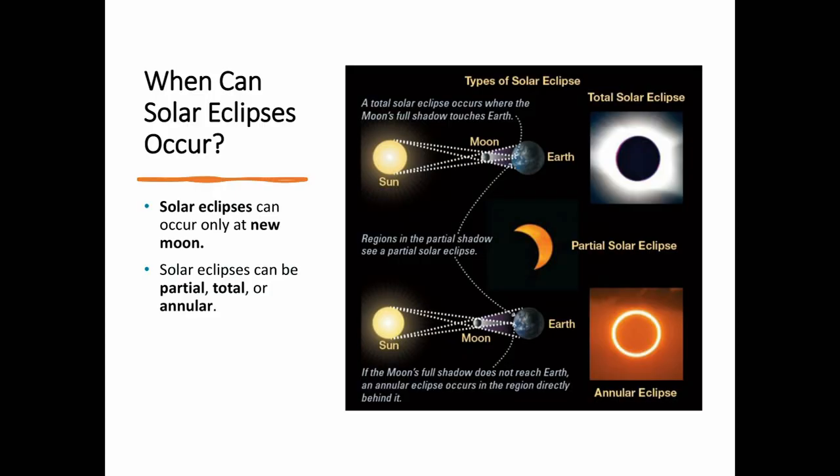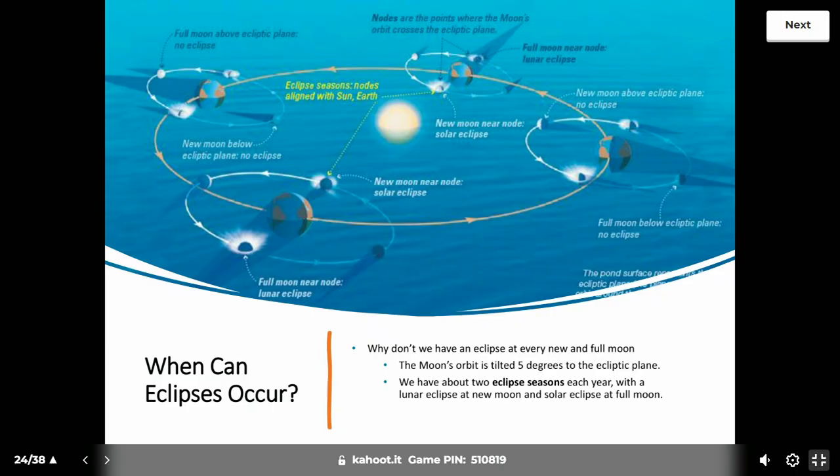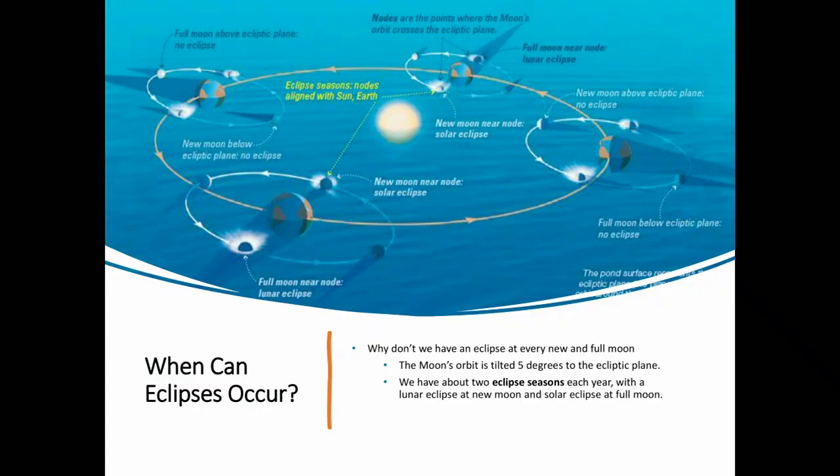So just like with the difference between the lunar cycle and the time it takes to orbit the Earth, there was some motion that we didn't know about or weren't considering. So there's a motion that we are not considering here, and it has to do with the plane that the moon orbits the Earth. So we'll talk about the formation of the moon in a few weeks and basically the plane that the moon orbits the Earth is not the same plane that the Earth orbits the sun.